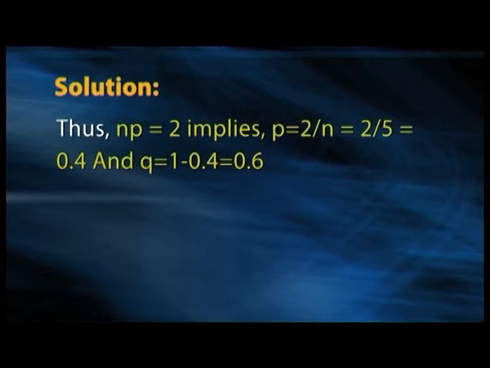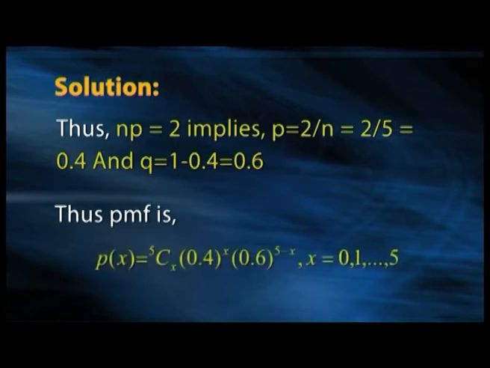Substituting n is equal to 5, we get p is equal to 0.4 and q is equal to 1 minus 0.4 is equal to 0.6. Thus, probability mass function is p of x is equal to 5cx into 0.4 power x into 0.6 power 5 minus x, where x takes values 0, 1, etc., 5.